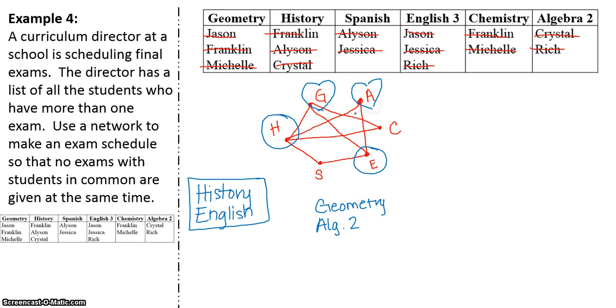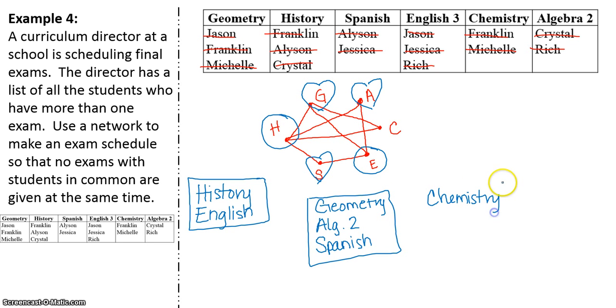And we could also do Spanish because Spanish is not connected to geometry or Algebra 2. So I can put all three of those together, and then I could have chemistry in its own group. That's the last one.